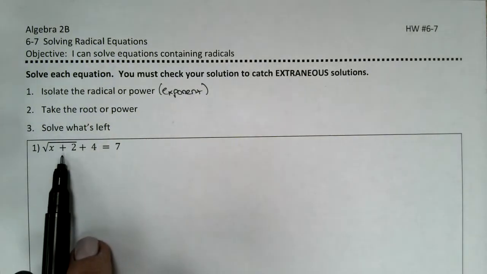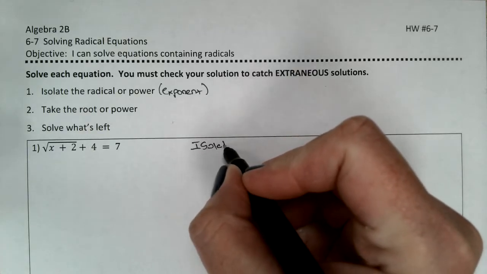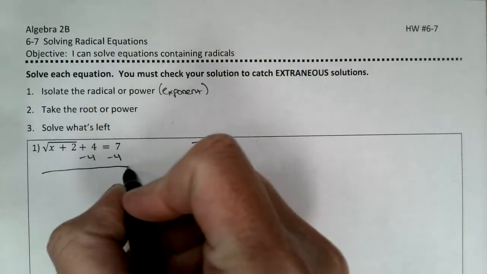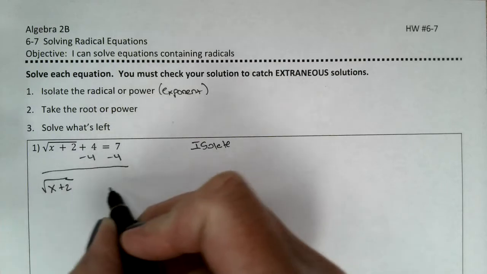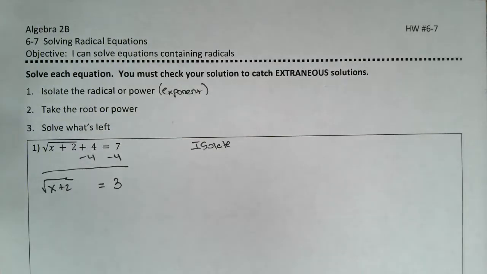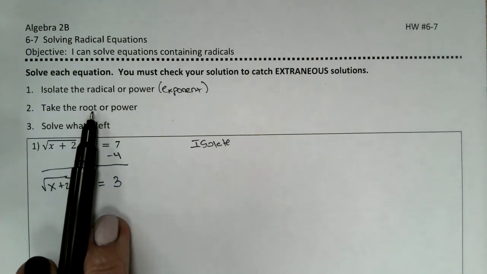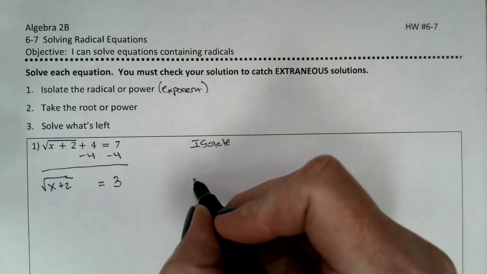So for step number 1, in order to isolate, we're first going to have to subtract 4 from both sides. So that gives me the square root of x plus 2 equals 3. Now we're going to get rid of the radical sign.